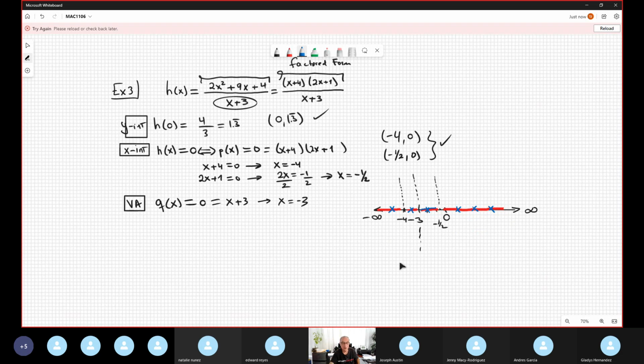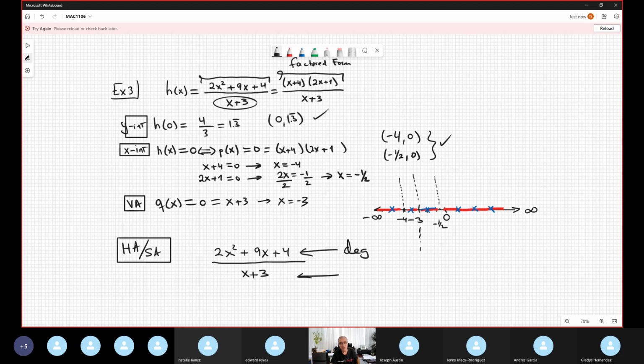Now I want to investigate the horizontal asymptote or slant. I put them together, remember, because you have horizontal or slant, not both. You copy 2x squared plus 9x plus 4 divided by x plus 3, and you do the famous degree analysis.